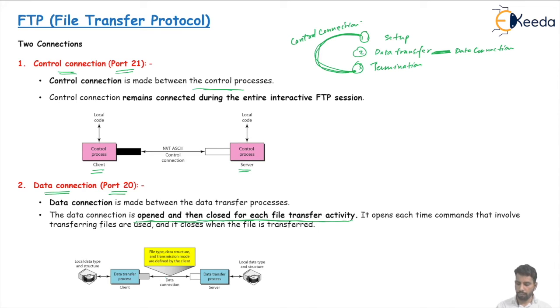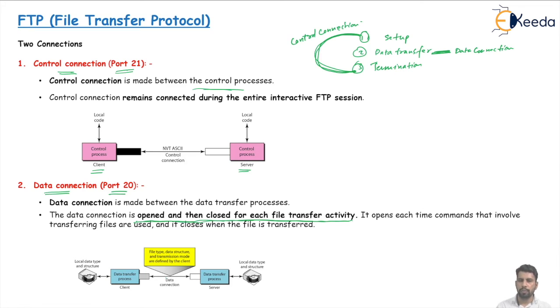You can say a user starts an FTP session, then the control connection will take place. While the control connection is open, the data connection is opened and closed several times, and at last the control connection is closed. First the control connection is opened for the setup phase, then the data transfer phase comes into the picture. At that time the data connection is opened and closed many times, during each file transfer.